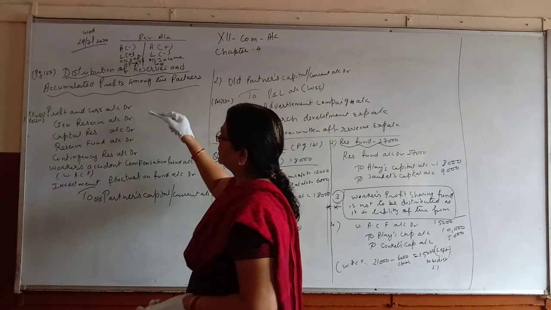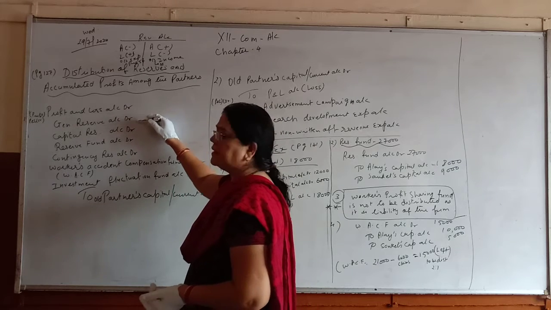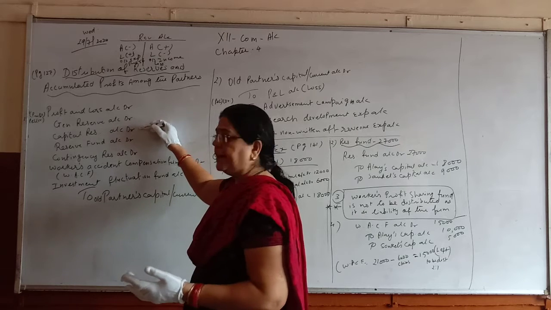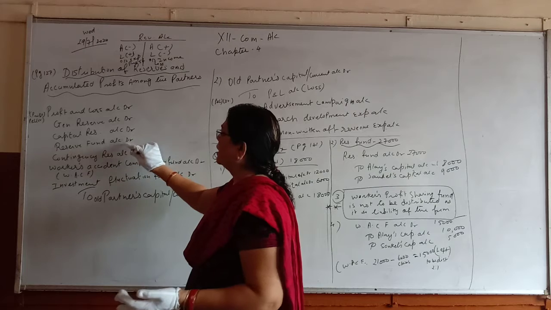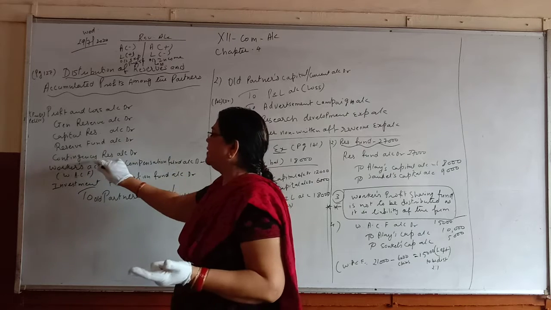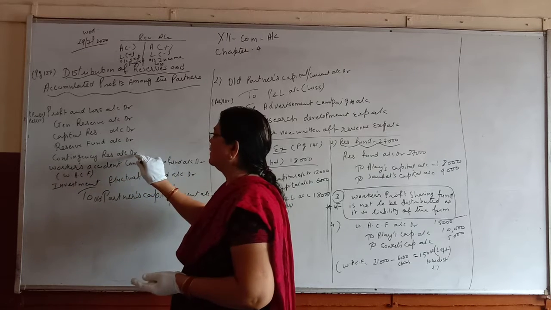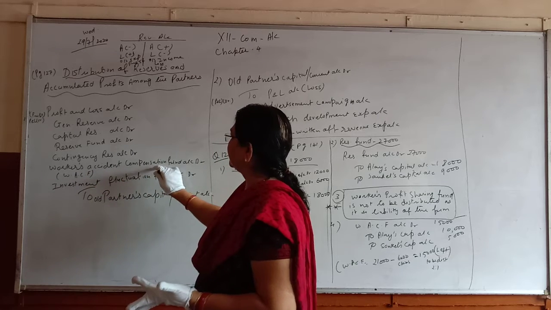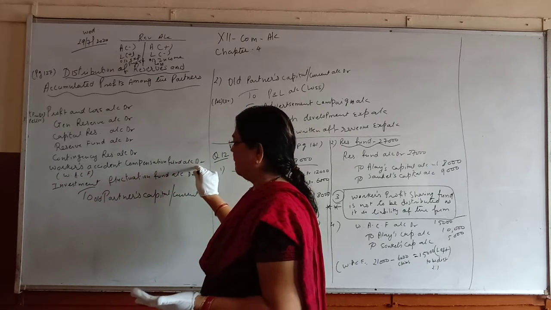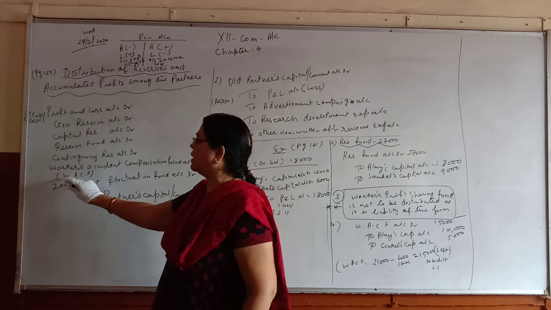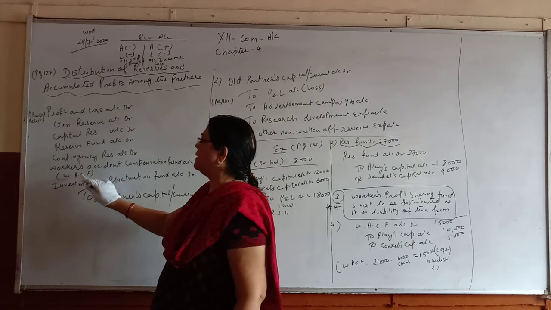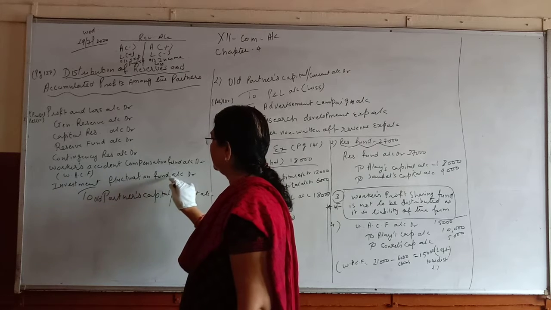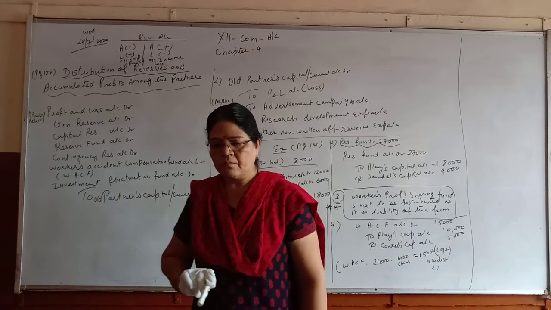So, profit and loss account debit, general reserve account debit, capital reserve account debit, reserve fund account debit, contingency reserve account debit, workers accident compensation fund account debit. In short, I have written WACF, investment fluctuation fund account debit.